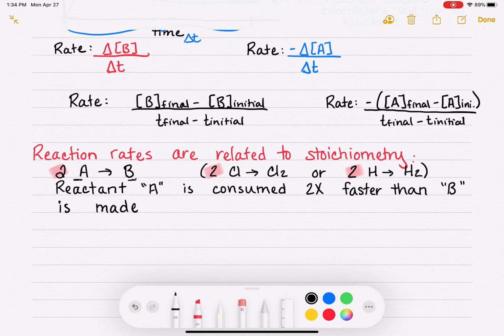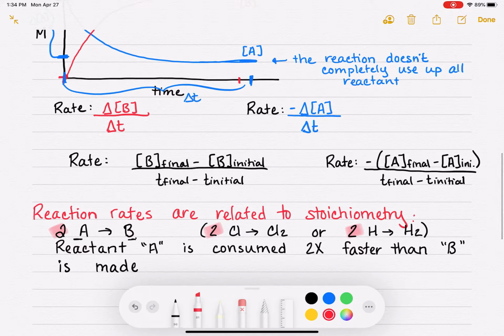Now, this becomes a little bit of a problem when we're trying to write an average rate equation in this form right here. So rate is the change in concentration of B over time. Rate is the negative change in concentration of A over time, where we want rate to be the same no matter how we calculate it.